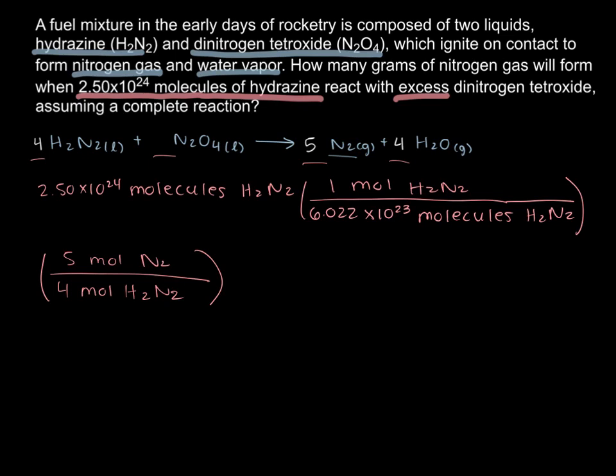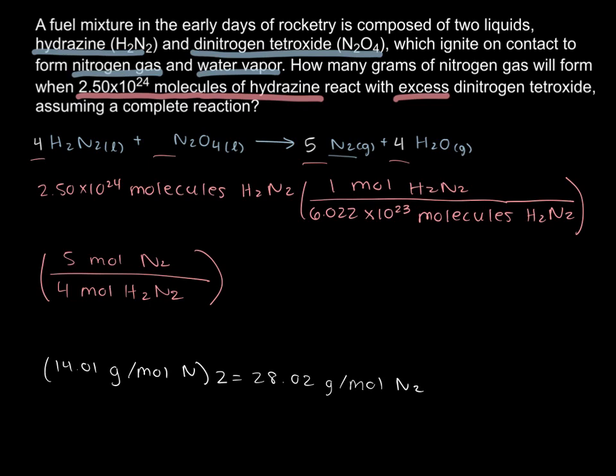Well, to do this, we're first going to need to look at the periodic table and find the molar mass of nitrogen gas. Looking at the periodic table, we notice that the molar mass is 14.01 grams per mole of nitrogen. And to convert this into nitrogen gas, since it's diatomic, we'll multiply this by 2 and we'll get 28.02 grams per mole of nitrogen gas.